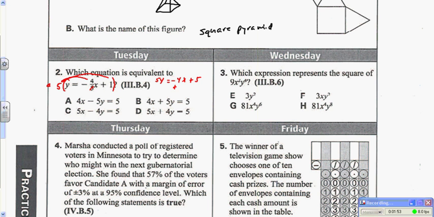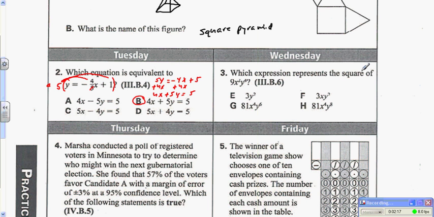We need to put the x and y on the same side, so I need to add 4x. We need to write the x term first. And the one that best fits this would be b. So putting it in standard form.